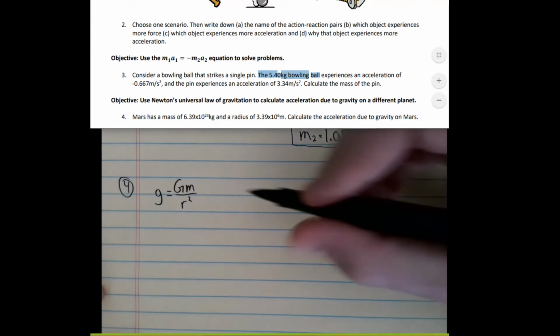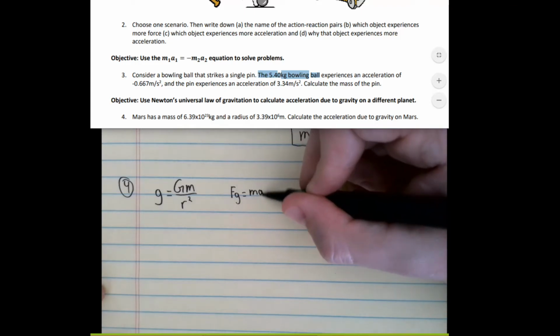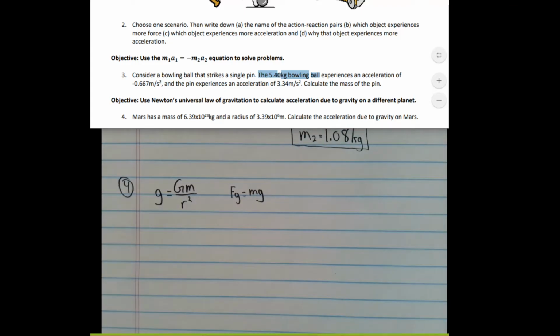It also appears in this equation, but it doesn't really work here. We don't have an object to reference. If they told us this is the weight, called weight or gravitational force, that is not given in this problem.